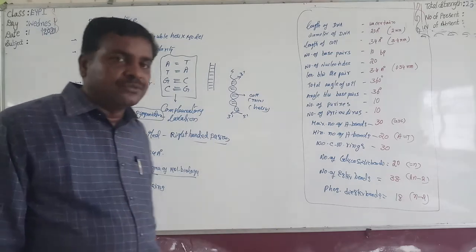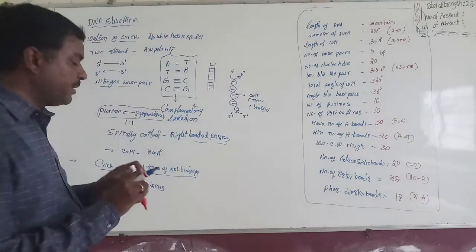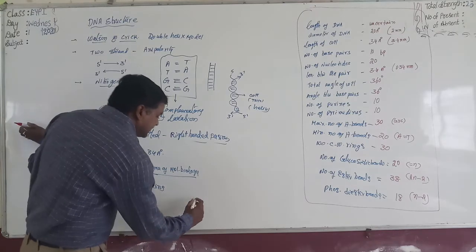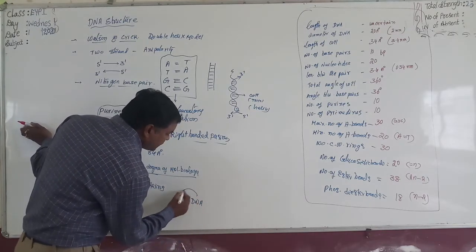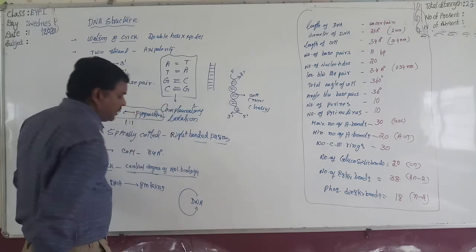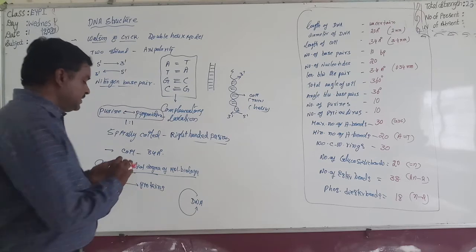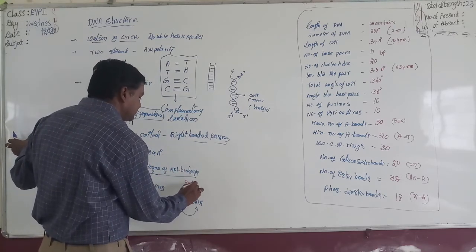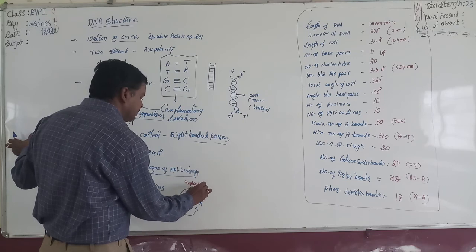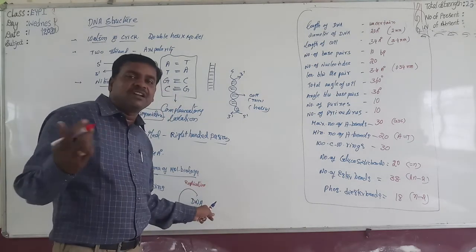So, according to this central dogma of molecular biology, this is DNA. This DNA also replicates to form daughter DNA molecules. This is called replication. What is replication? DNA to DNA is called replication.